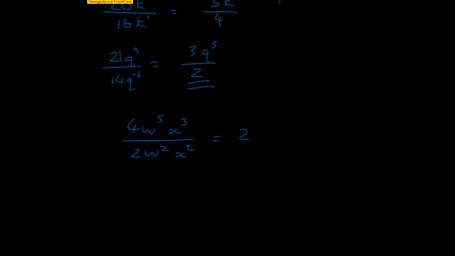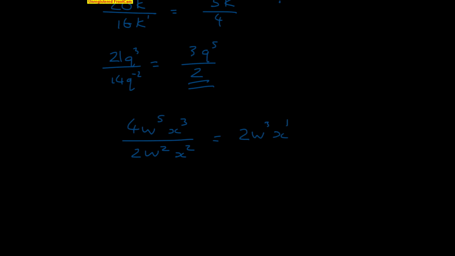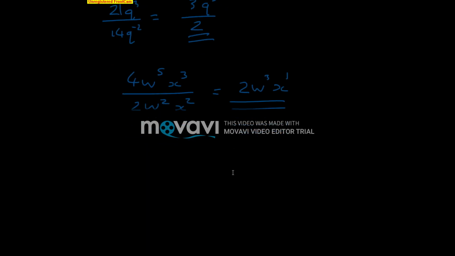The w's, 5 minus 2 is going to give us w^3. And then x, 3 minus 2 is 1. So again, you apply these rules to the likes for likes. So 4 divided by 2 is 2, 5 minus 2 is the 3, 3 minus 2 is the 1. Nice and straightforward. Okay. Let's move on to power rules.